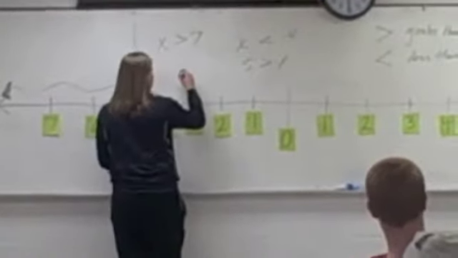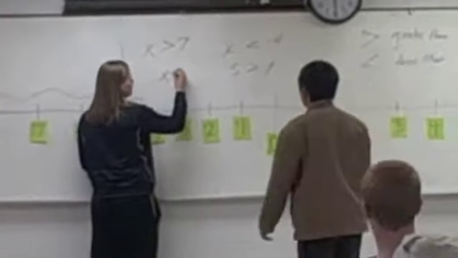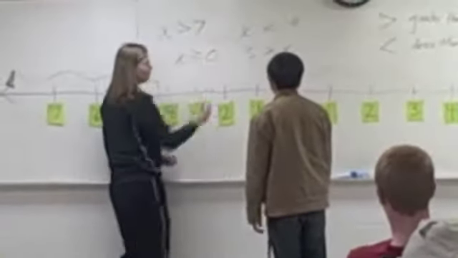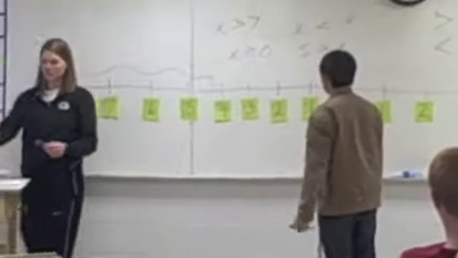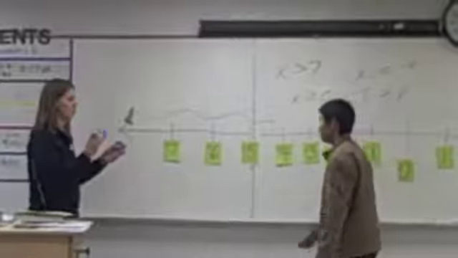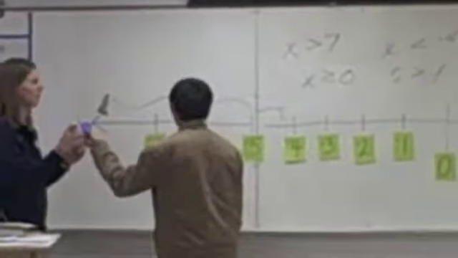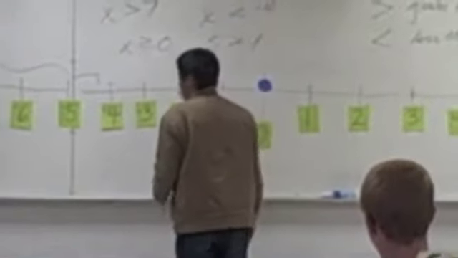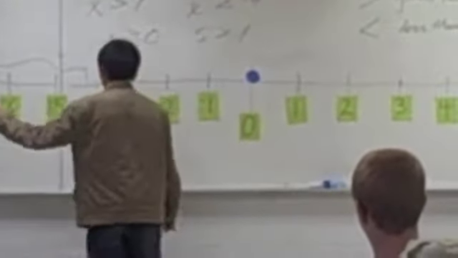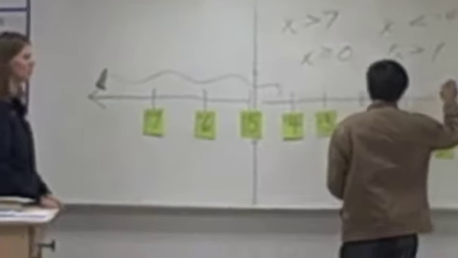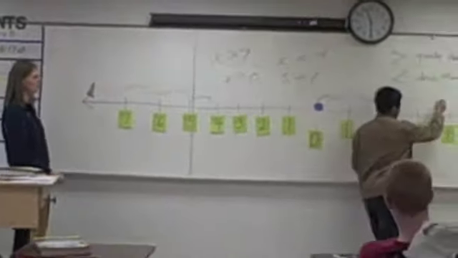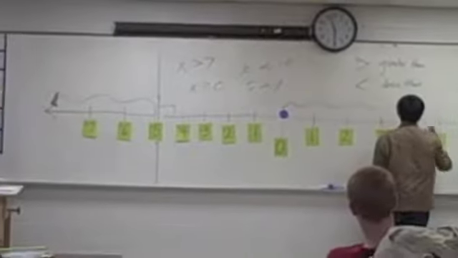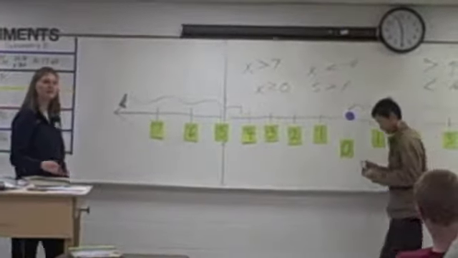What if we were to do X is greater than or equal to 0? In which direction are you going? Greater than 0 is going to be all the positives. Good job. Does everybody get that?